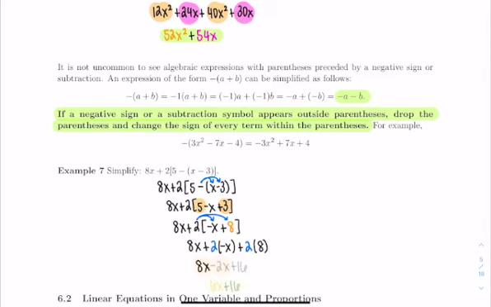We have 8x, 2 times negative x is negative 2x, and 2 times 8 is 16. So now that we're here, we just want to combine the last like terms, which is 8x and negative 2x. And remember, only the numbers change, not the variable. So 8 minus 2 gives me 6. We still have x, and then plus 16. So my final answer is 6x plus 16.